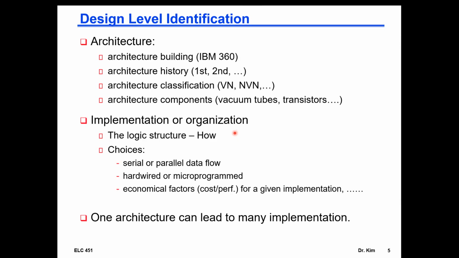There have been many different architectures throughout history, and architecture classifications, and also components, right? Historically, one of the biggest, it was actually a very good computer, but it was huge.